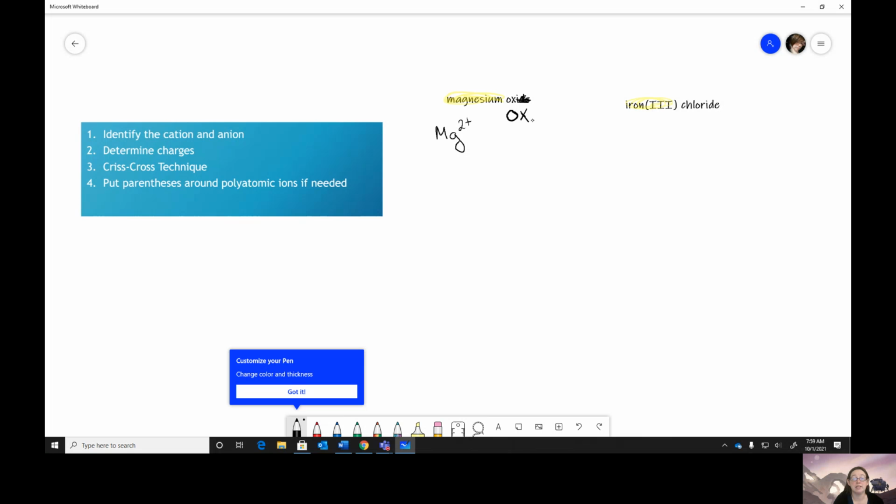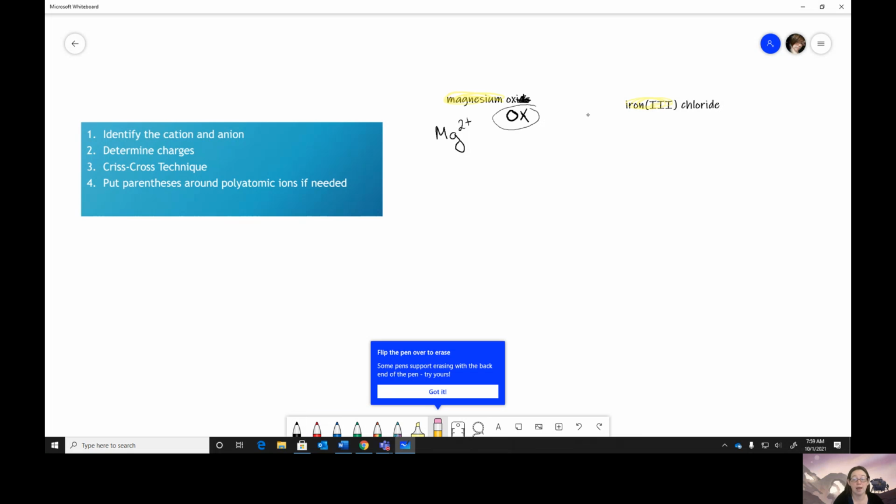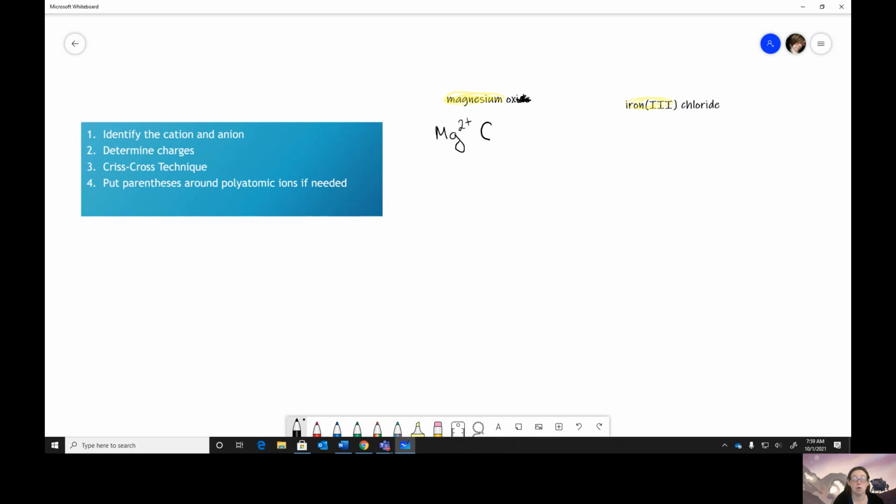Then you look at your periodic table and find elements that start with OX. The only thing that starts with OX is oxygen. So I know that is what I'm going to be using for my anion. That's a big O as its symbol. It's a group 16 element, so it's got a 2 negative charge.